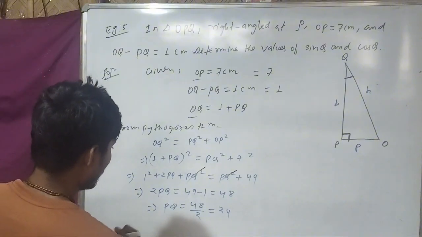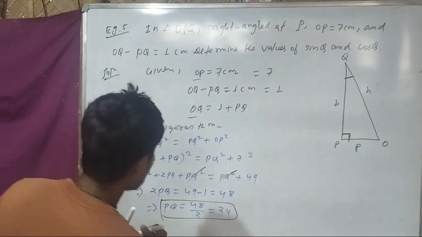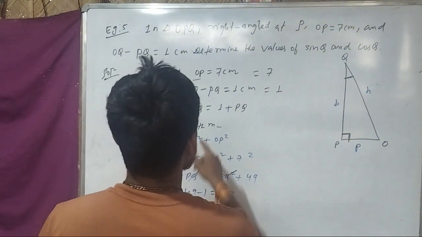So PQ we get is 24. Now that we have PQ, we can find OQ.